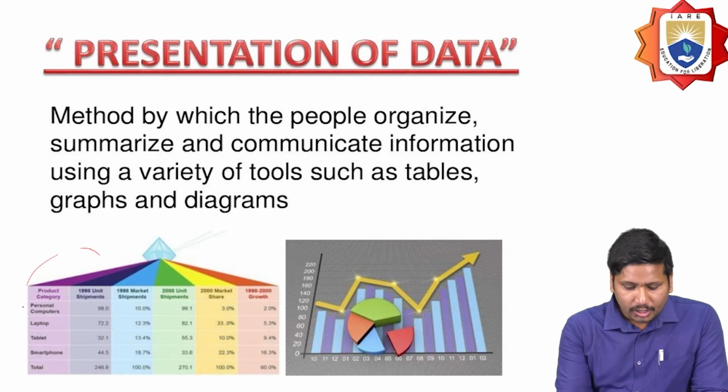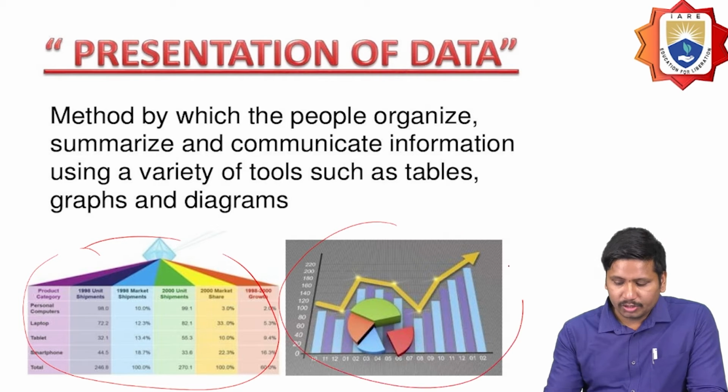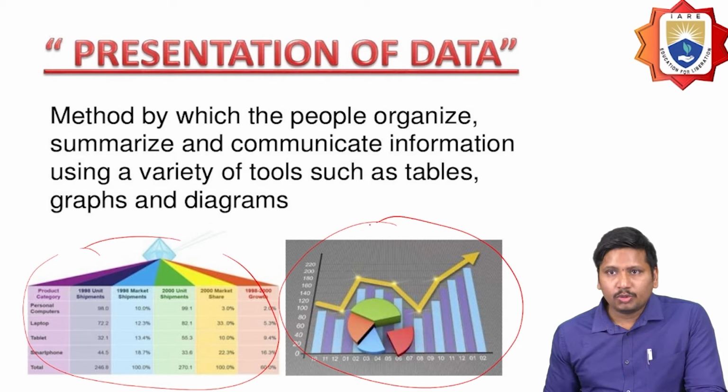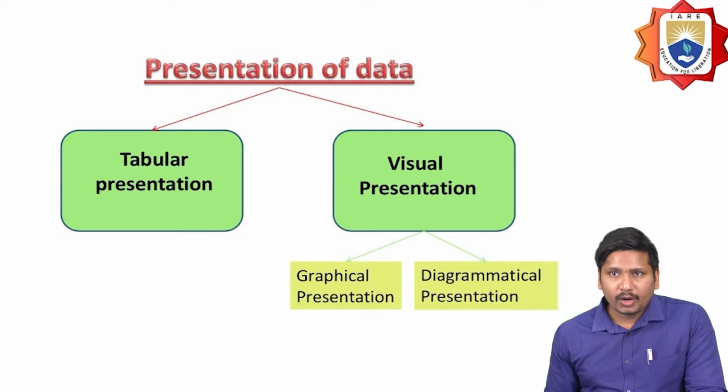If you look at the left side, here is the way of presenting tables. Based on the application, I can represent the content in the form of tables. Similarly, I can show it using graphs, which show the diagram on the right side. Normally the presentation of data is divided into two categories: the first is tabular presentation, and the second is visual presentation.